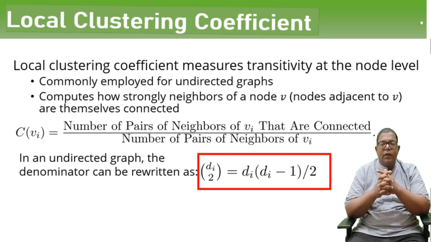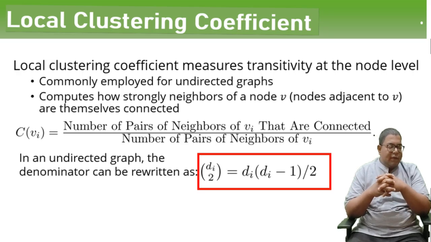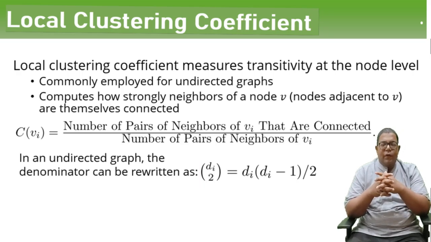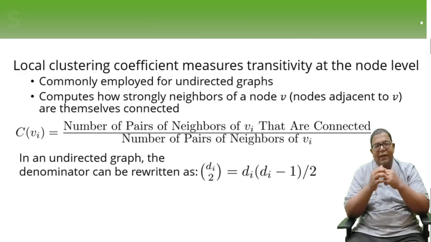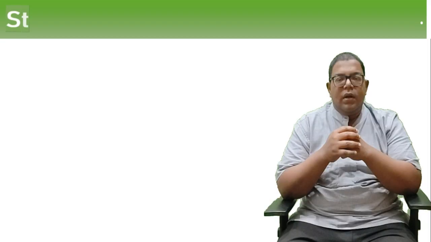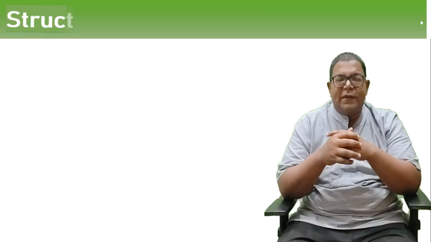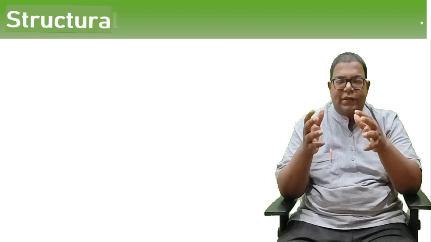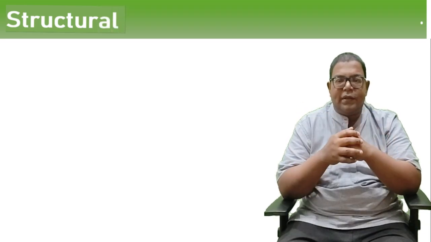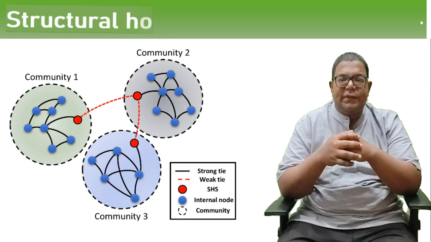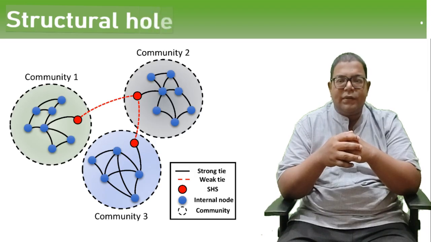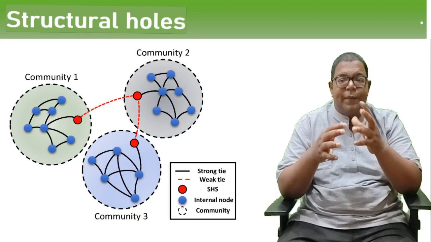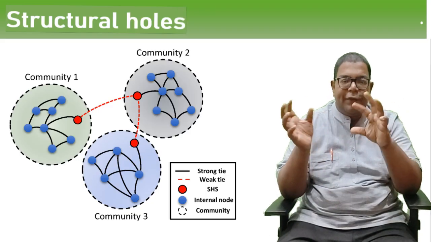Okay? So let's give a typical scenario which is called structural holes. Let me start with an example. This concept happens when one person connects with two groups that otherwise don't talk to each other or are not connected. Such people become bridges and have an advantage because they can share unique information across both different groups.